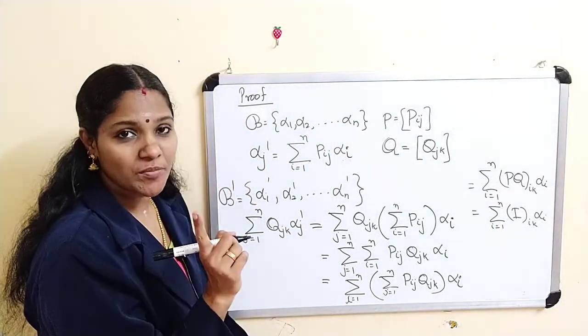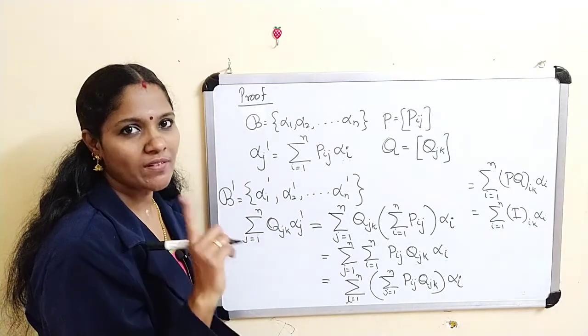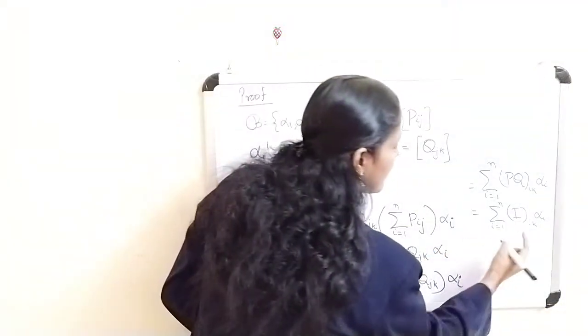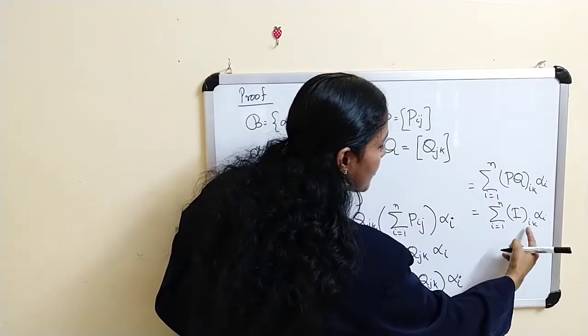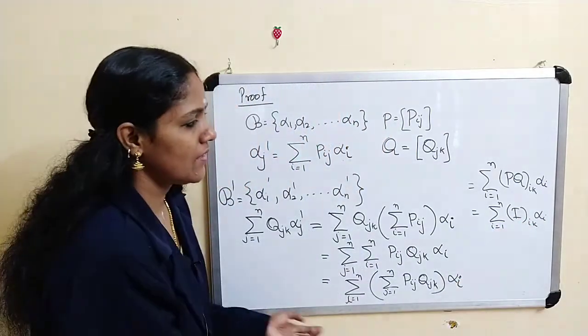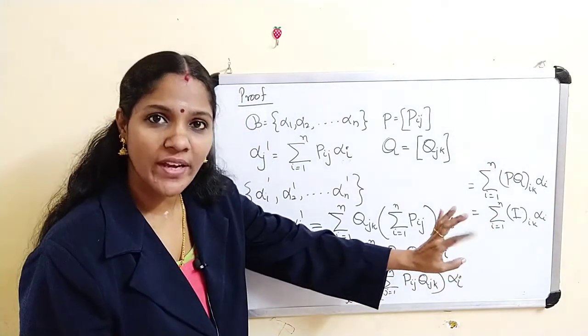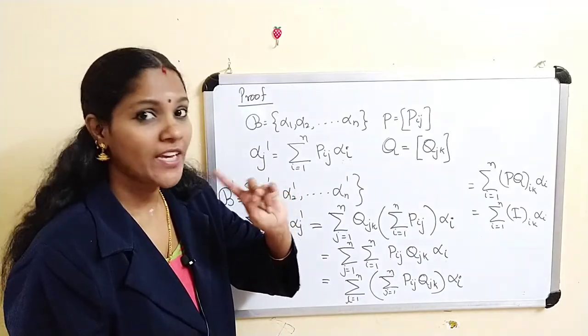Now for the identity matrix, only diagonal entries are 1. All other elements are 0. So if you vary I, what about I 1k alpha 1, I 2k alpha 2, etc.? Okay, what about I1k? It is 0. I2k it is 0. I3k it is 0. And it must be 1 if I equal to k.